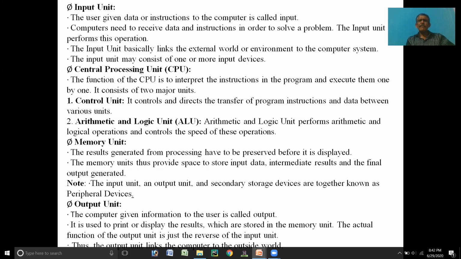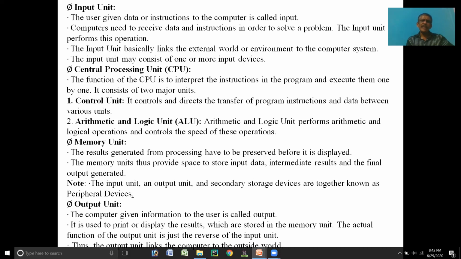Memories are broadly classified into two types. Number one is called primary memory and the second one is called secondary memory. The primary memory includes RAM and ROM.